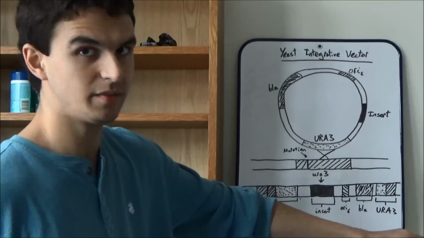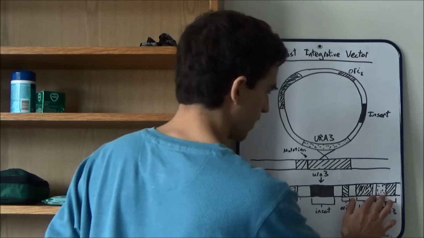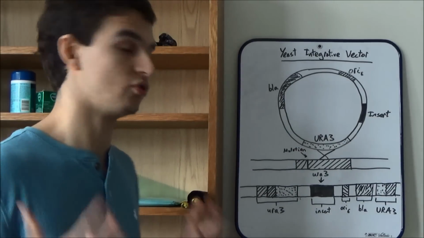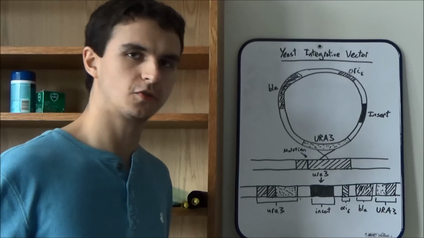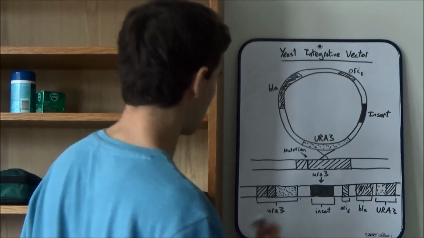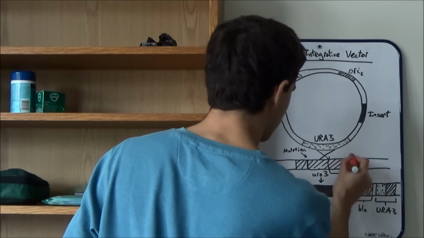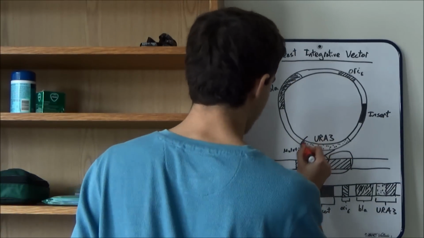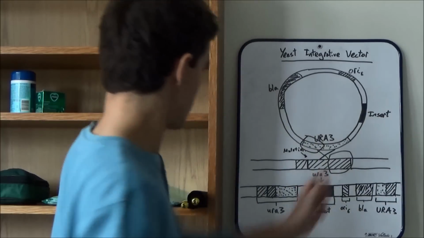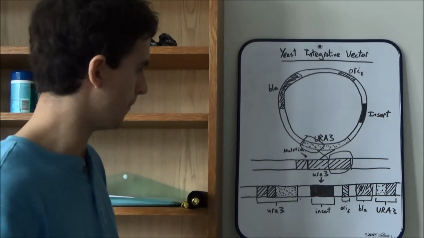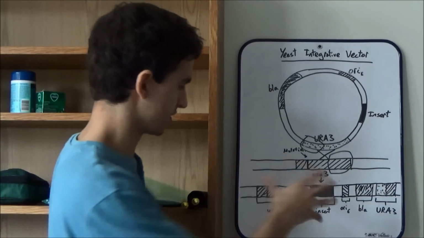Now that didn't have any mutations anyway, so this part and that part combined will produce a functional uracil gene. And this is called genetic complementation. So basically, in case I didn't make that clear, this part of the gene is combining with this part of the gene, coming together, forming a functional uracil gene.